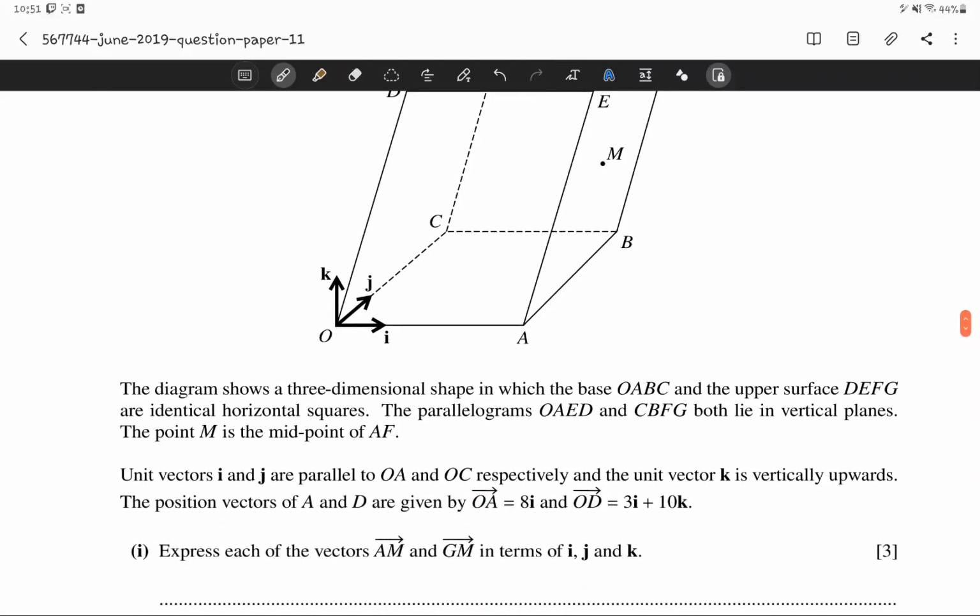Okay, vectors. Okay, this is a hard one. I don't get... I don't know what this is.